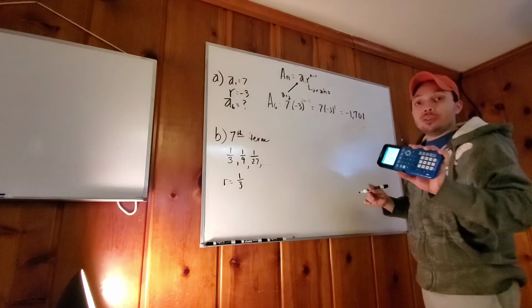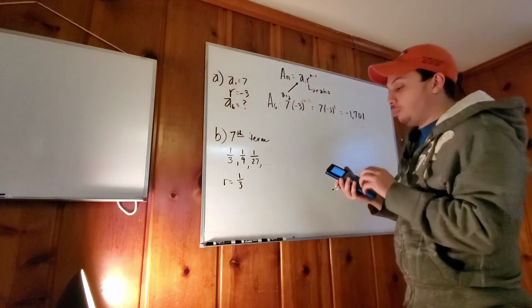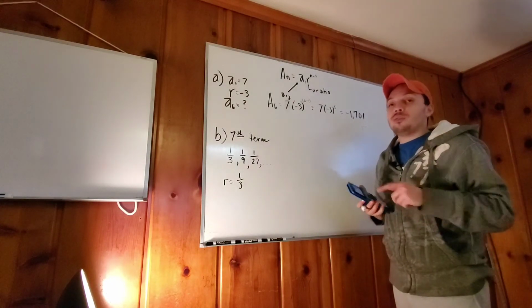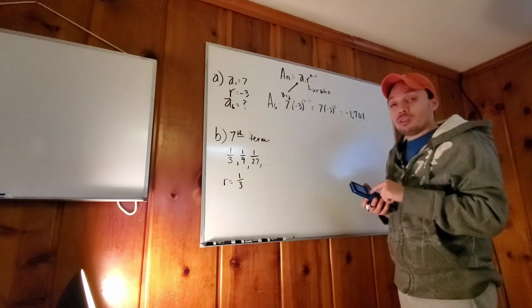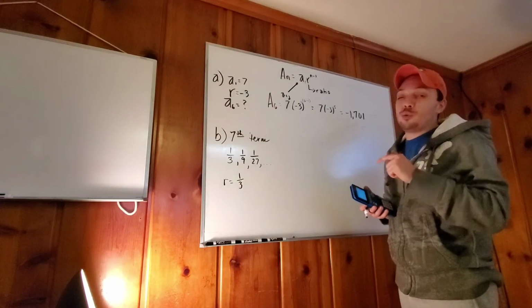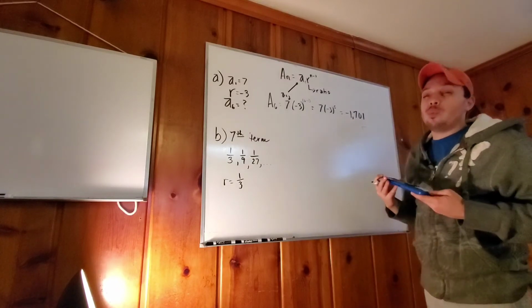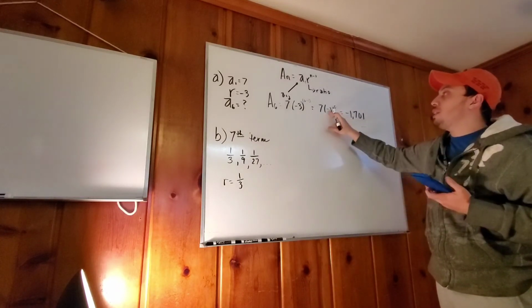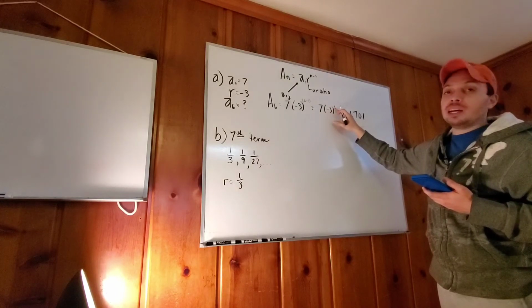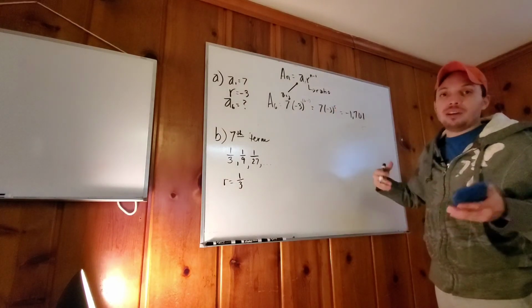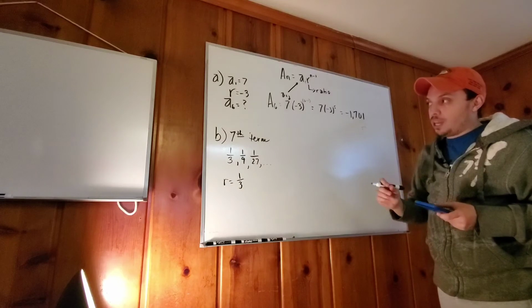And this is one of the reasons we allow you to use your calculator. Because you see, it doesn't matter if you have your calculator or not. If you put the wrong thing in your calculator, you're going to get the wrong answer. And that's why I got a very small answer, because instead of putting the negative 3 and the 5 in my calculator, I put 3 to the negative 5.